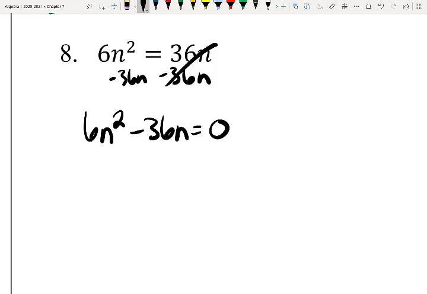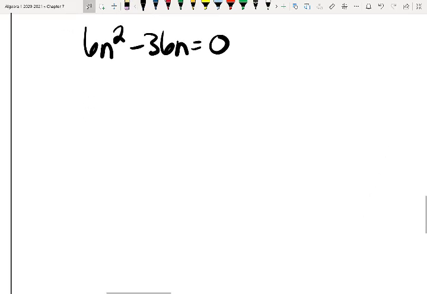So now I have something that looks more familiar. I can start with the left side, 6n squared minus 36n, find the GCF and factor that, and then I'll have a product that I can use ZPP on to solve for my individual solutions. Looking at what's in common between 6n squared and negative 36n, it's obvious that 6 is what they have in common, since 6 is a factor of both 6 and 36.